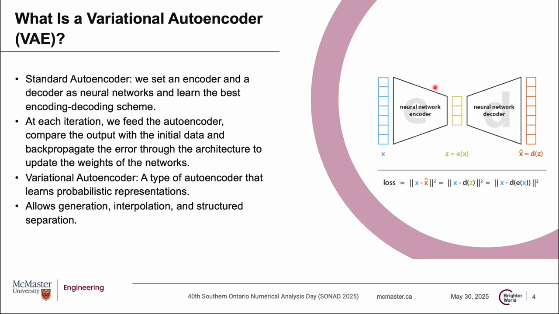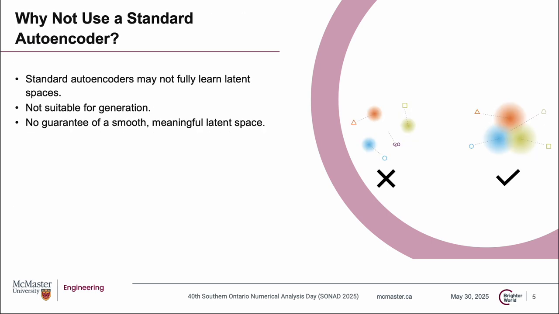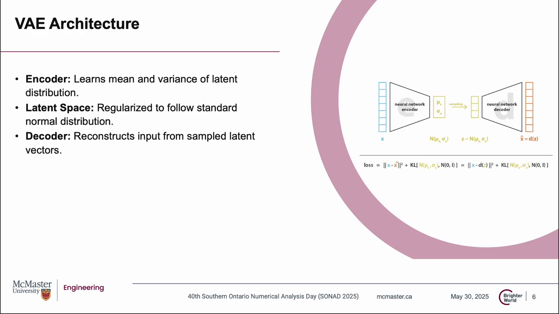Okay, so if this is our encoder, X is our input, and here it is our output, and this is the latent space that we have. So what is a VAE architecture? Basically we have an encoder and a decoder and a latent space, just as a typical autoencoder.